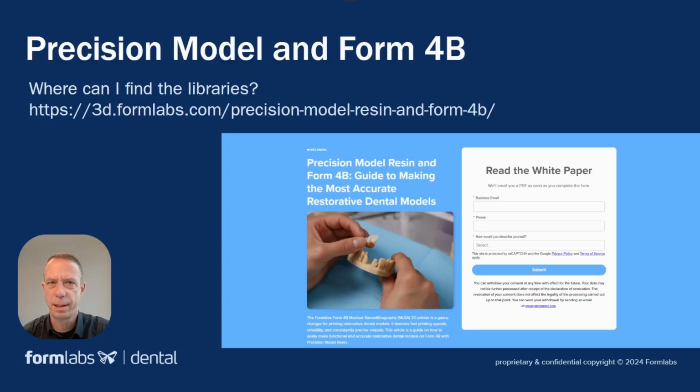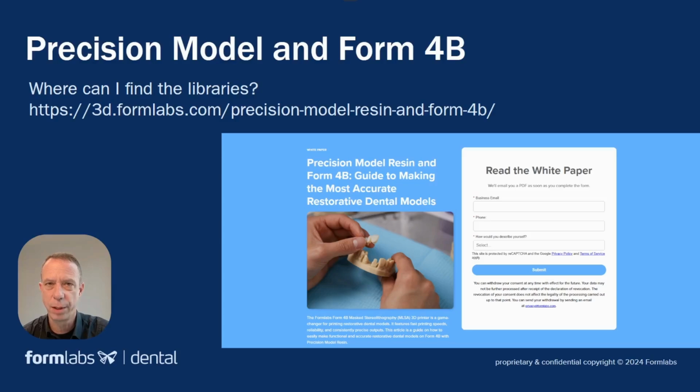So let's get started. The first thing we need to do is get our CAD libraries. The links to the CAD libraries are in our application guide. You have to download the application guide from here and you will find the links inside. For convenience, I also put the links to the exocad and 3Shape library directly into the description of this video.